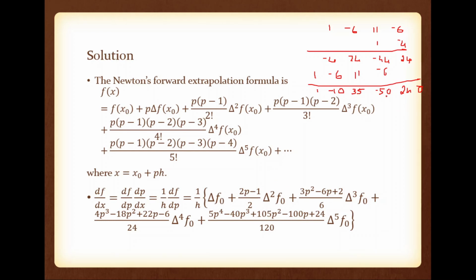This is minus 50p square. What is its differentiation? Minus 100p. This is 24p. What is its differentiation? 24. Divided by 5 factorial. This is 5 factorial, into delta raised to 5 f0. Plus etc. Actually here we have plus etc. that we are not going to write because we have terms up to delta raised to 5 f0. Okay.